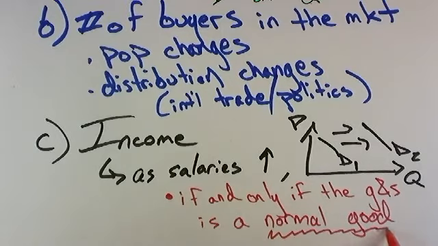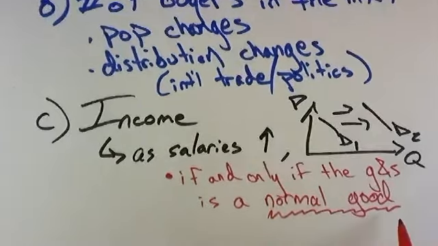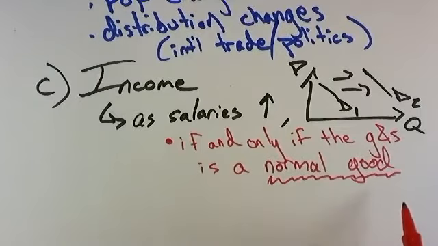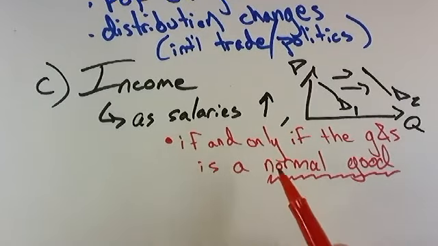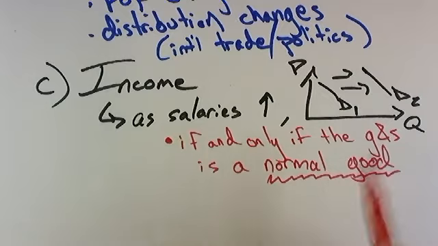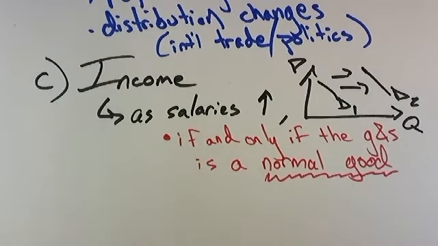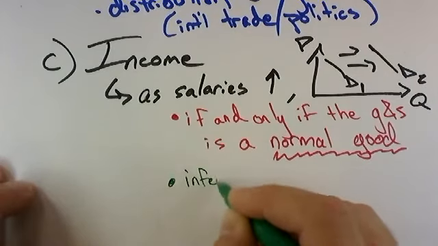What do I mean by normal good? Isn't everything a normal good? No. A normal good is something like video games, restaurant meals, housing, all sorts of different stuff. Those are normal goods. An inferior good does the opposite of this.